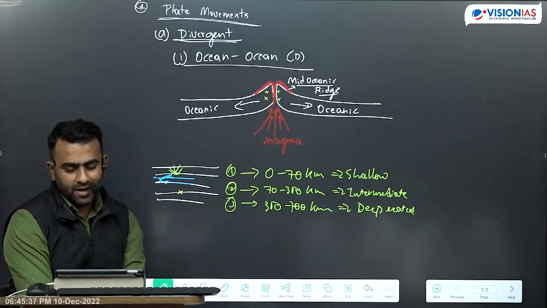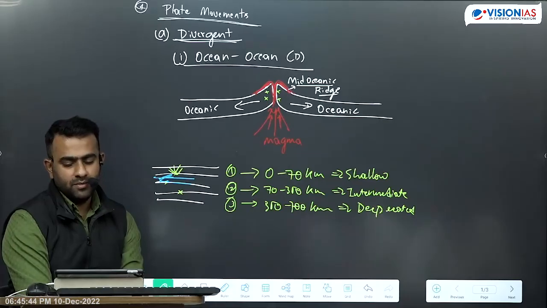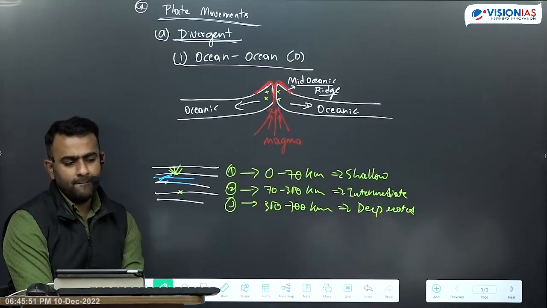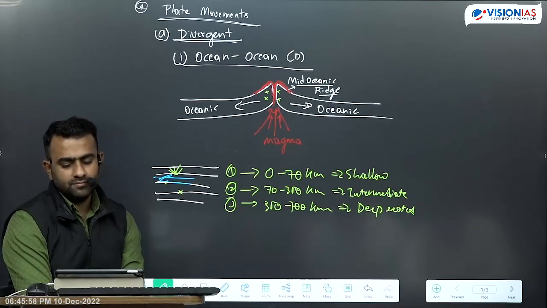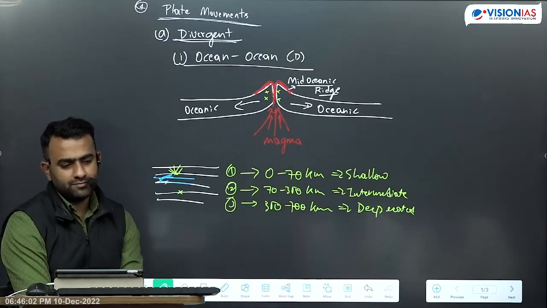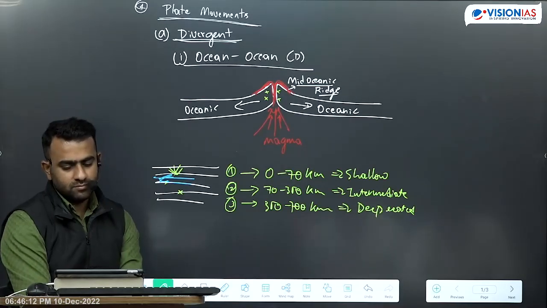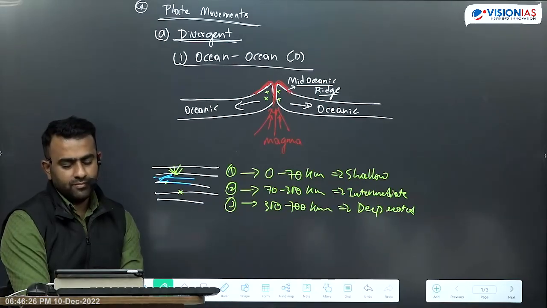Next point, the continuous build up of solid magma results in formation of mid oceanic ridges along the plate margin. Next point.